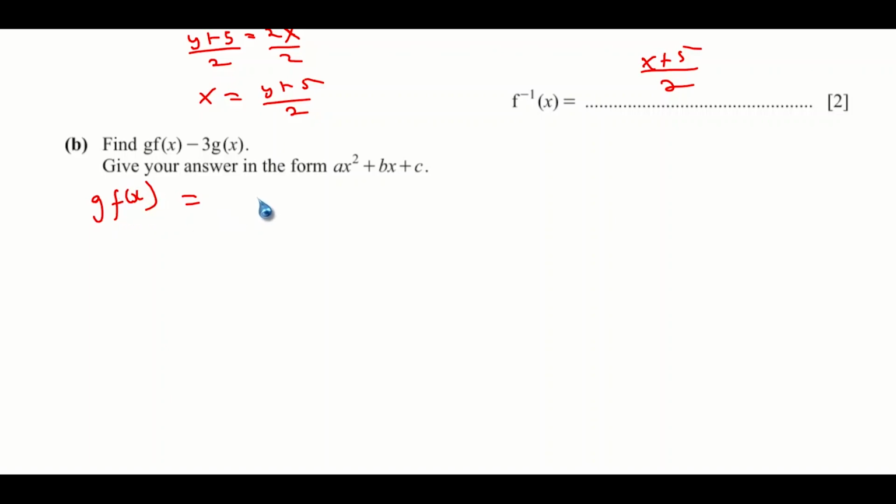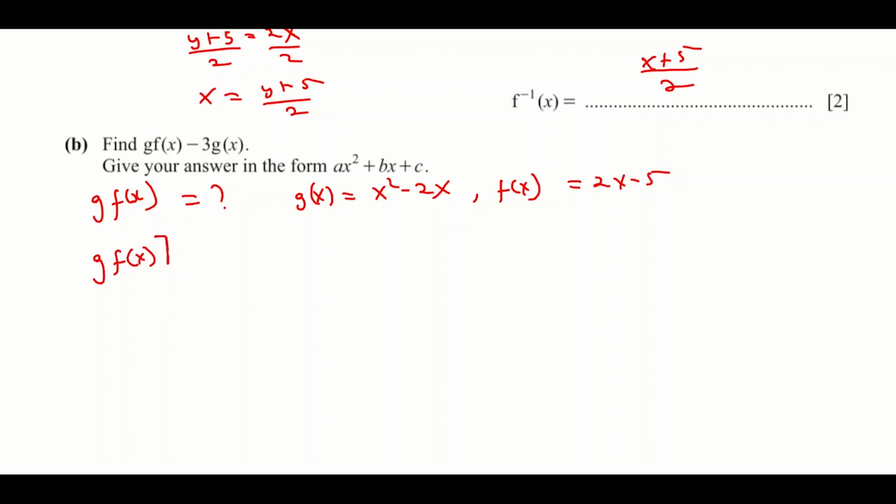Don't forget that g of x is equal to x squared minus 2x, and f of x is equal to 2x minus 5. Anywhere we see x in g of x, we put in f of x.